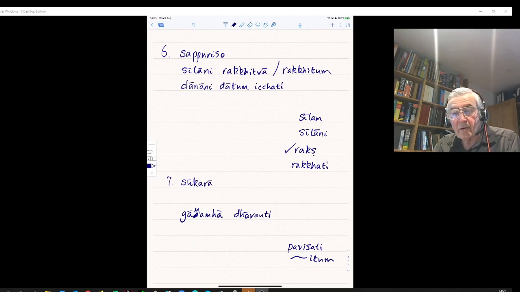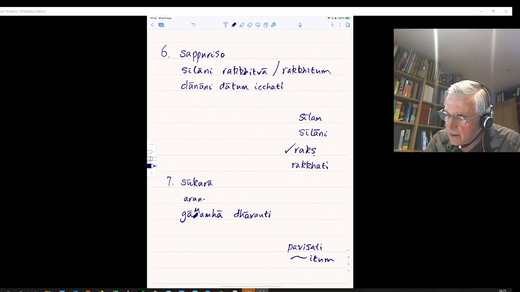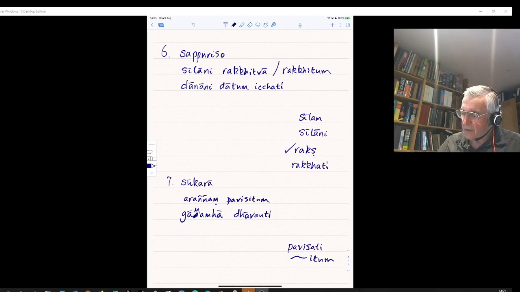Sukara, to enter the forest, aranyam pavisitum. So sukara, aranyam pavisitum. We make it anusvara because of the following consonant. So sukara, aranyam pavisitum, gamamha dhavanti.